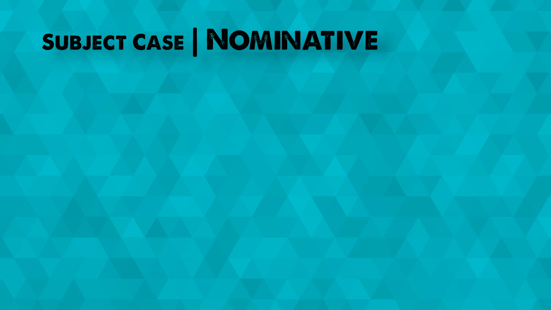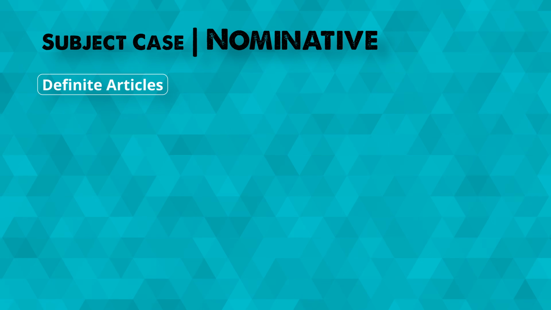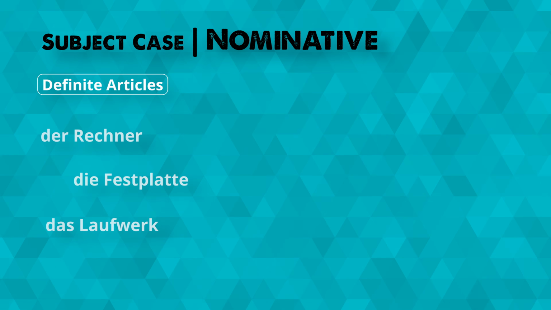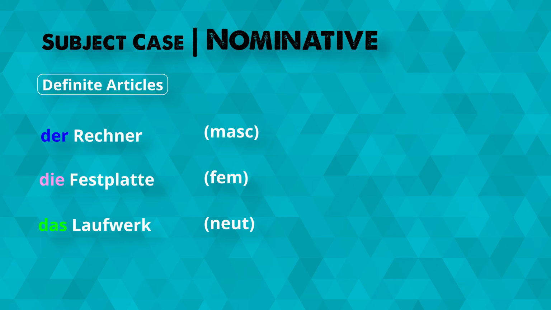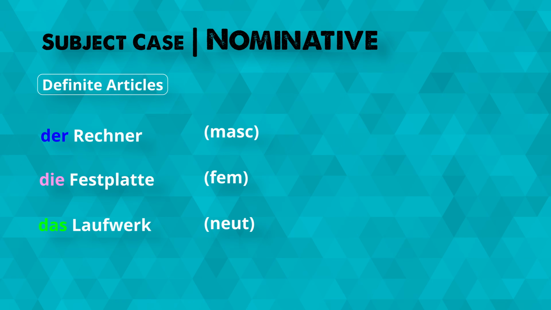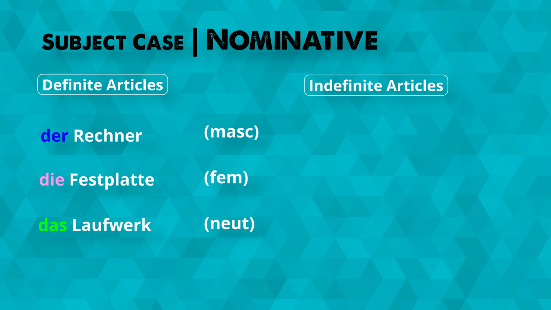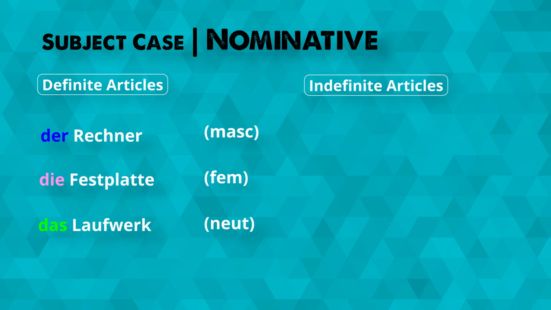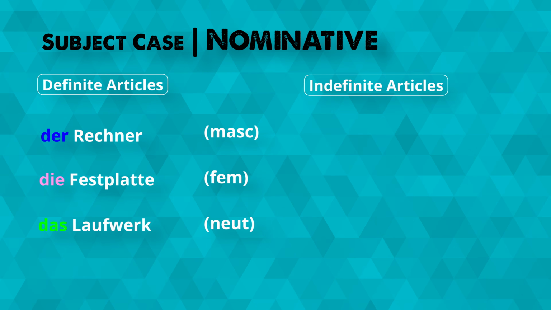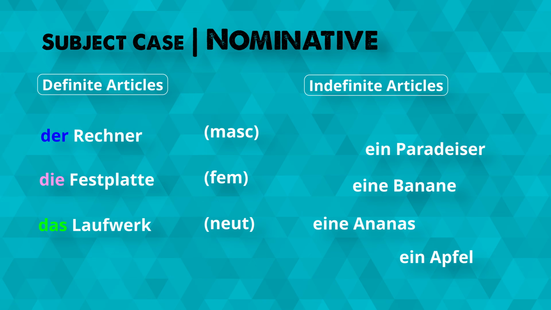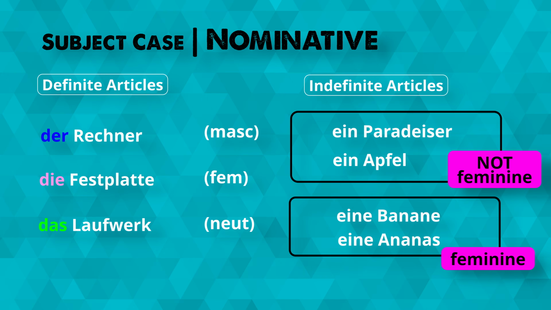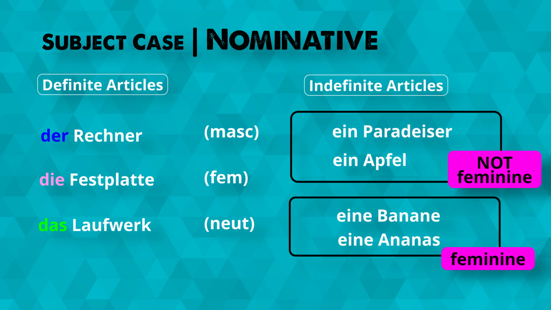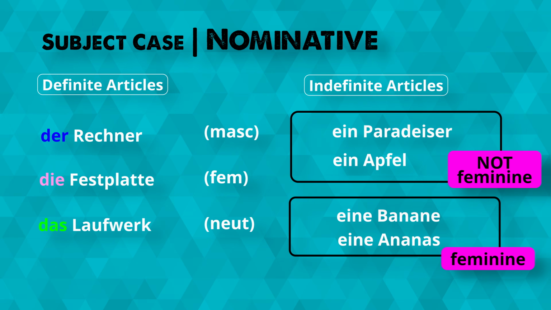So in the subject case, the definite articles are pretty reliable on the whole. Look at these nouns, and I think we can tell pretty easily which ones are masculine, feminine, or neuter. But if we use the indefinite articles instead, then we can't expect the same level of predictable detail. Check out these nouns. Here we only know that this lot are feminine and this lot aren't. And as long as we know what to expect of the different sorts of articles, then that's okay.